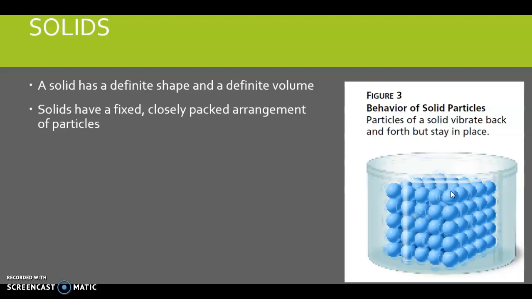So basically the behavior of solid particles is that they stay put. They do move a little, but they don't move around a lot, so it won't change shape easily. Here they are in a container. You'll see as we go through, the same container is used for all three states of matter. This one sits in the container, doesn't take the shape of the container, just looks the same.